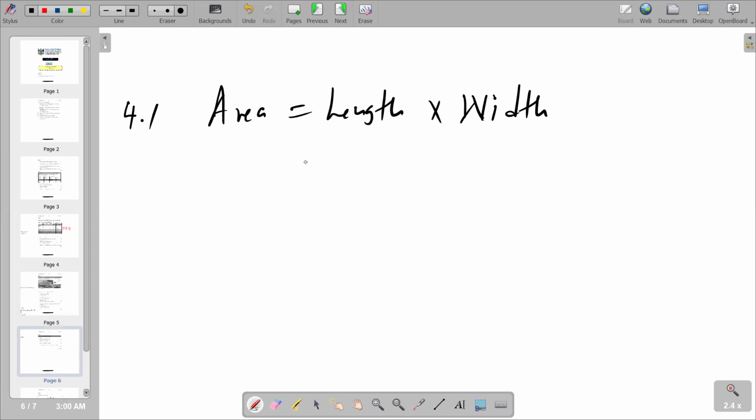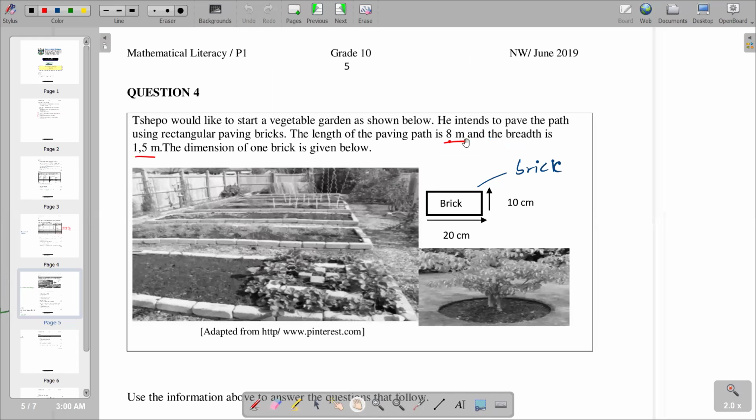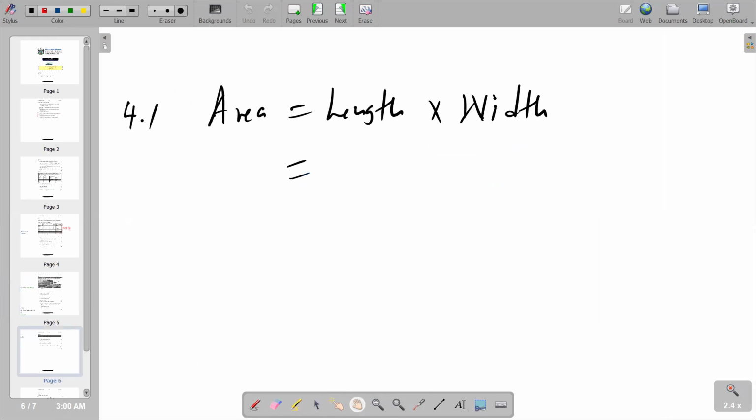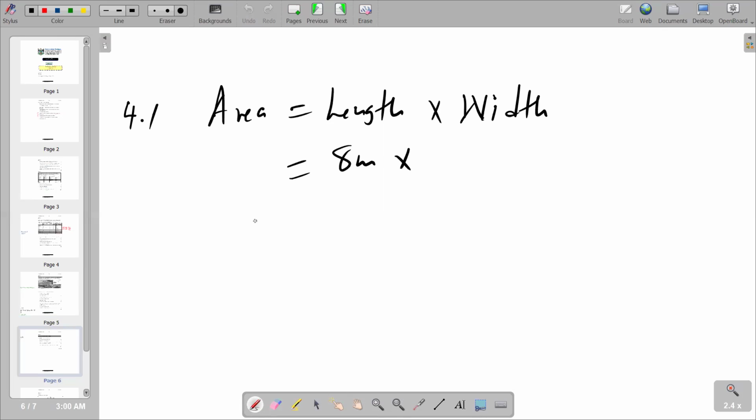So remember, we've identified our measurements: our length being 8 meters, and then our width being the breadth that we are given, 1.5 meters. So we calculate like that, so that our answer is going to be 12 meters squared, and this is going to be the area that we have.